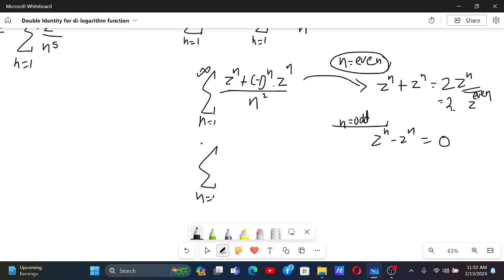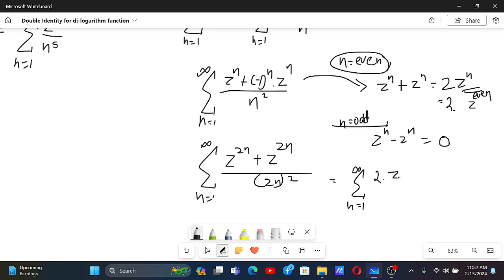So basically now we can let the sum go from n equals 1 to infinity, and at odd n this cancels out, so we only have the even terms. So g to the power 2n plus g to the power 2n by 2n whole square. Yeah. And so this is the sum from n equals 1 to infinity of 2 times g to the power 2n by 4 times n square.